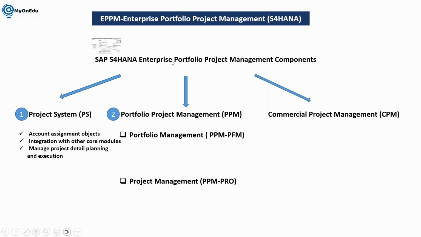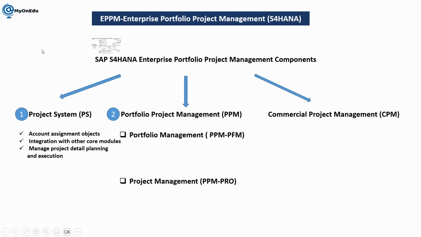EPPM, this terminology, is used in Primavera and in other business processes. SAP took their systems and modules where they manage projects, included them in one package and started calling it EPPM. Before S/4HANA, we had separate modules called XRPM, Accelerated Resource Portfolio Project Management, and another module called cProjects.